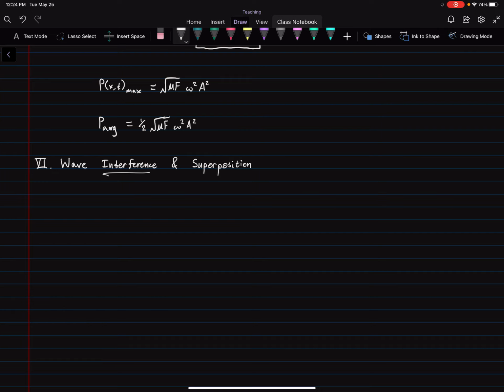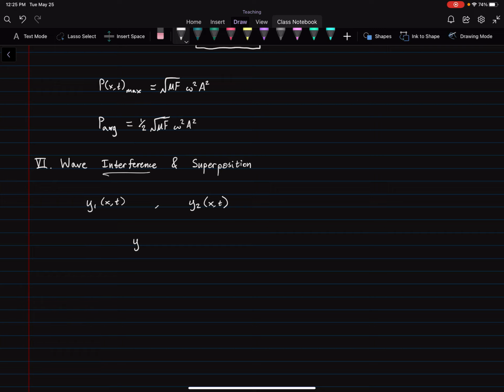And because the wave equation is linear, for any two waves, say the first wave is y1, a function of x and t, and the other wave is y2, a function of x and t, for any two waves that satisfy the wave equation separately, their sum also must satisfy the wave equation. And so therefore their sum is a physically possible wave.